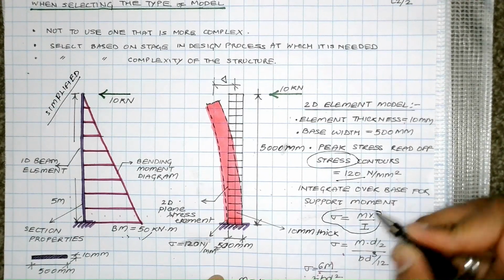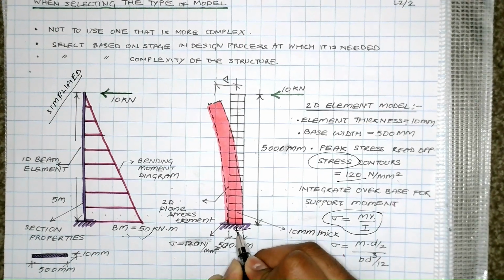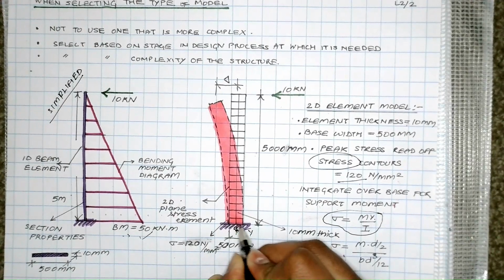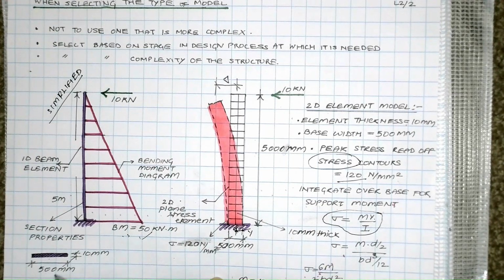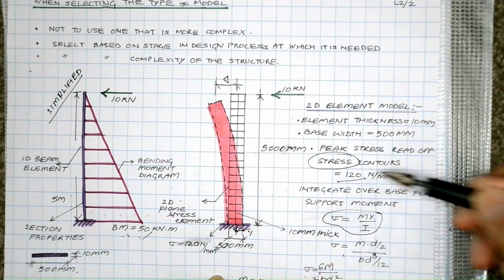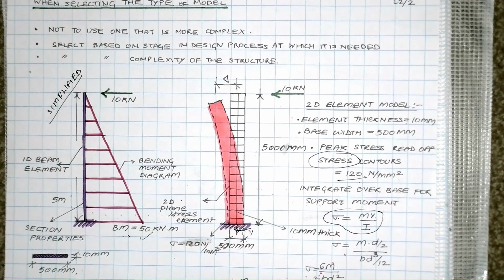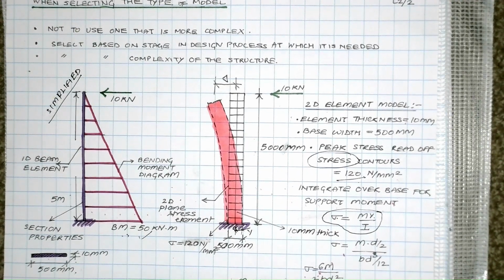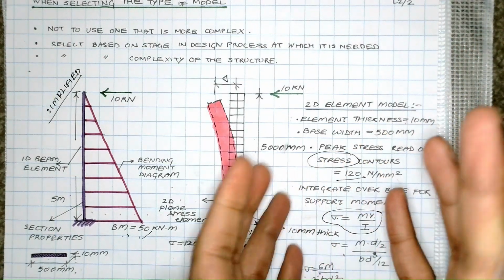Here y is D by 2 because we are checking at the extreme point. I, for the rectangular section, is BD cubed by 12, where D is 500 and B is 10. We know the stress is 120. Based on that we get the bending moment, which is 50 kilonewton meter, exactly the same as what we get here. But the use cases are different.